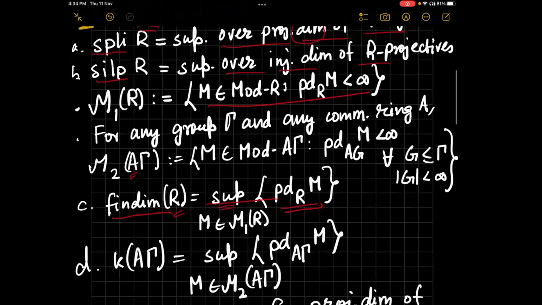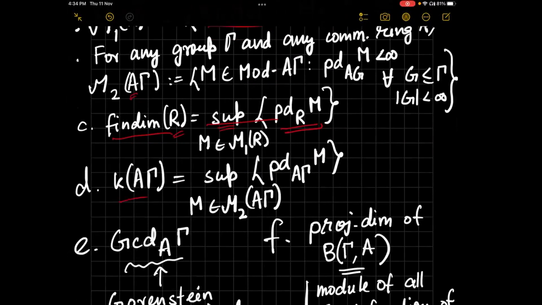And another invariant that I'm going to talk about is this K guy, K of a ring, but in this case, that ring has to be a group algebra.